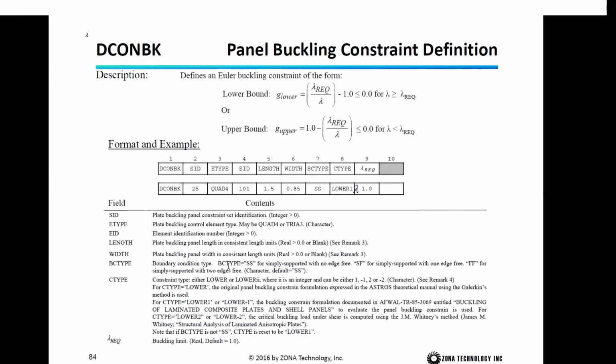For the boundary condition, you have SS for simply supported, SF for simply supported with one edge free, and FF for simply supported with two edges free. The C type is lower, or we have another option, and the buckling limit default is 1.